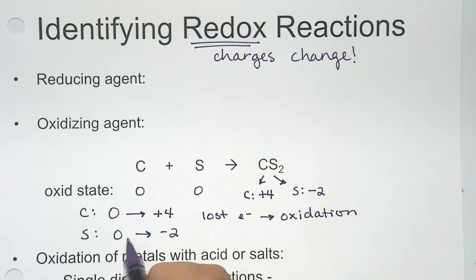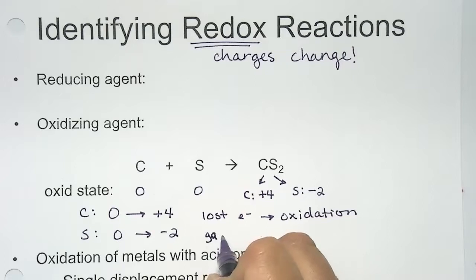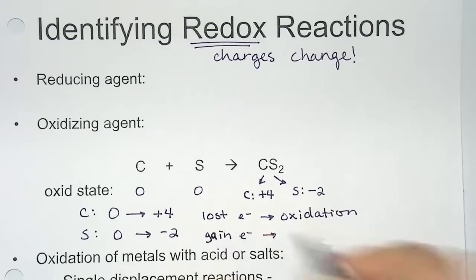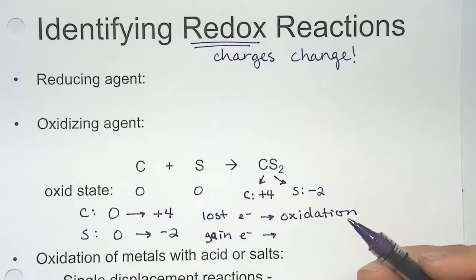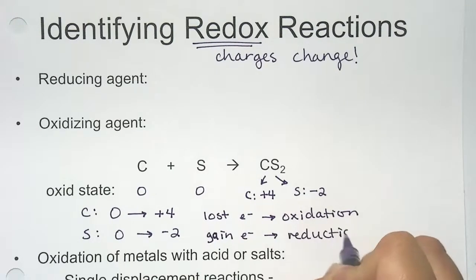Okay, so what happened to sulfur then, Chloe? Yes, so it had to gain electrons because carbon lost them, so it underwent reduction.